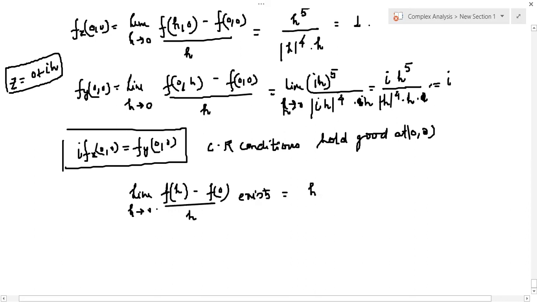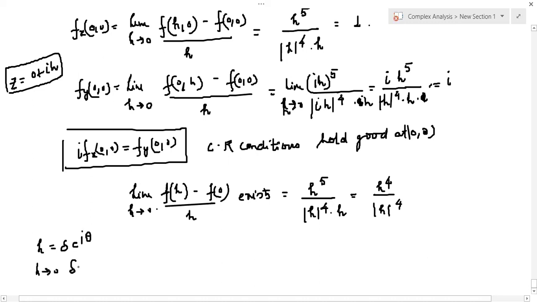It means h raised to power 5 upon modulus of h raised to power 4 into h. Or in other words, it is equal to h raised to power 4 divided by mod h raised to power 4. Let us take a path h equal to, let's say, delta e raised to power iota theta. And if h tends to 0, it implies delta tends to 0.